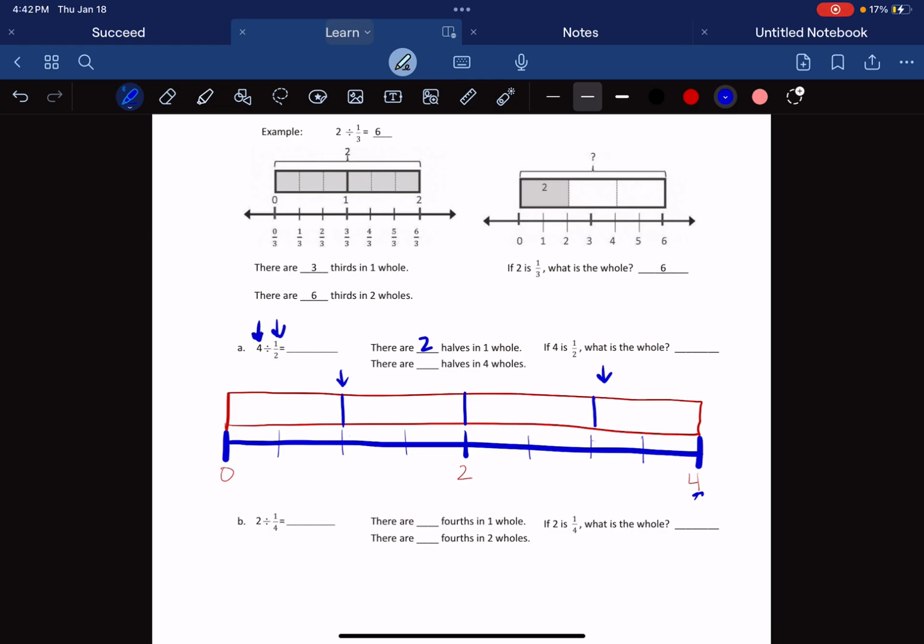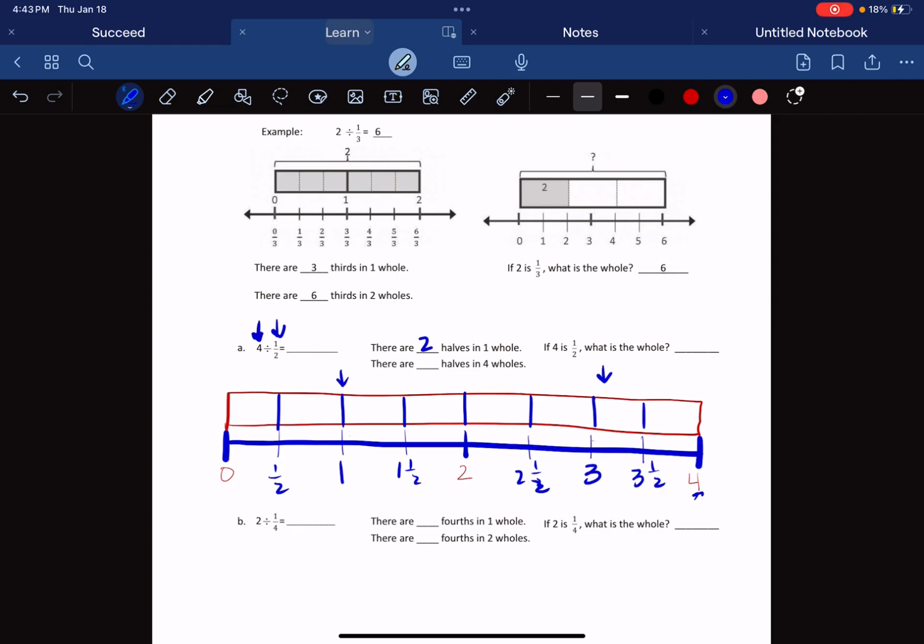Same thing here. When I cut that in half, I now have 1 and 3 on our number line, unless you've already filled that part out. Now I can cut into half again for each one. We would have a half, 1 and a half, 2 and a half, and 3 and a half.